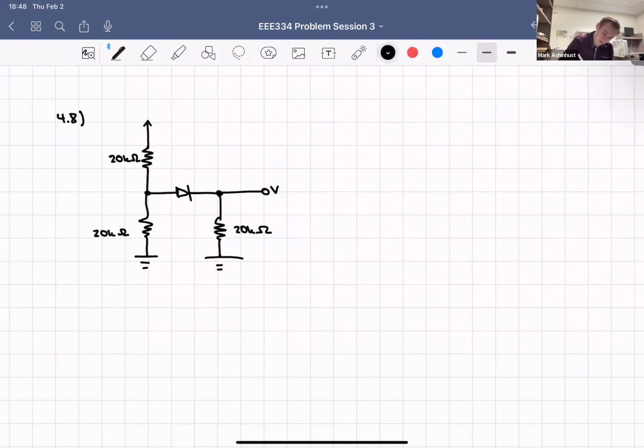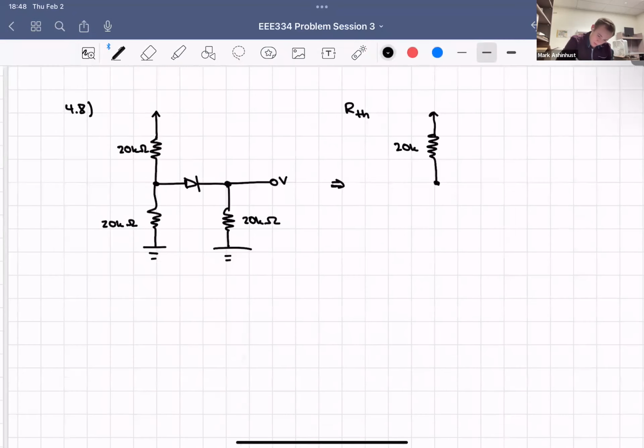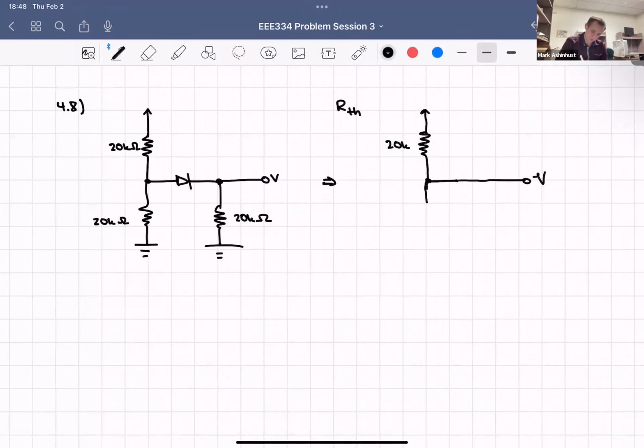So what we're left with, and we're finding our Thevenin, that's what I'm going to start with, is our 20K up at the top. And then we have this straight to V out, my bad, or just V. And then we have 20K here.